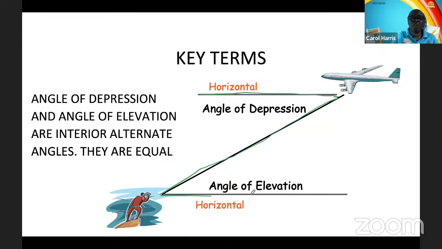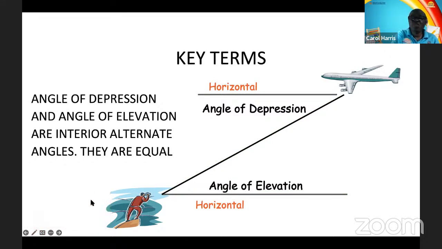The real math term for them is alternate angles. And these are alternate interior angles because they're formed inside the horizontal lines and on opposite sides of the transversal. So the transversal is that slant line that is between the two horizontal lines.